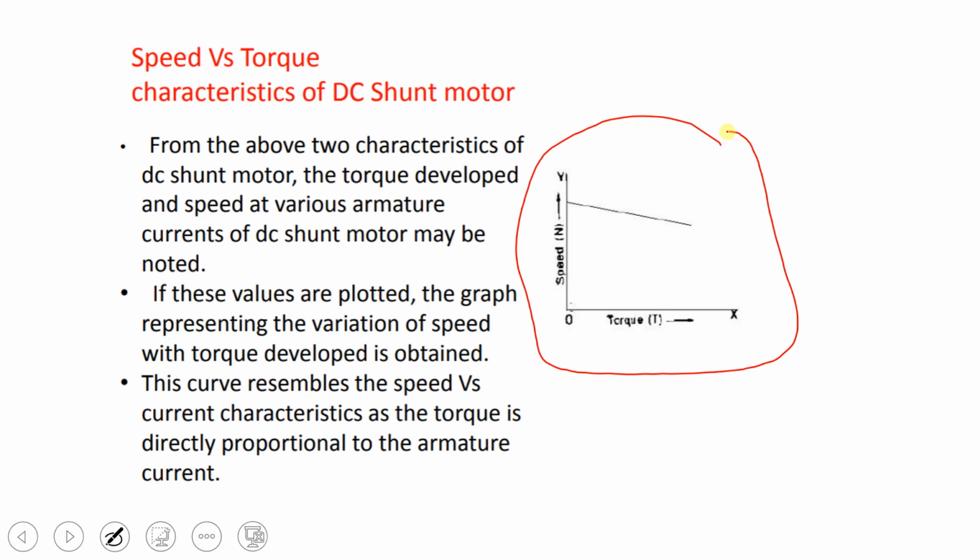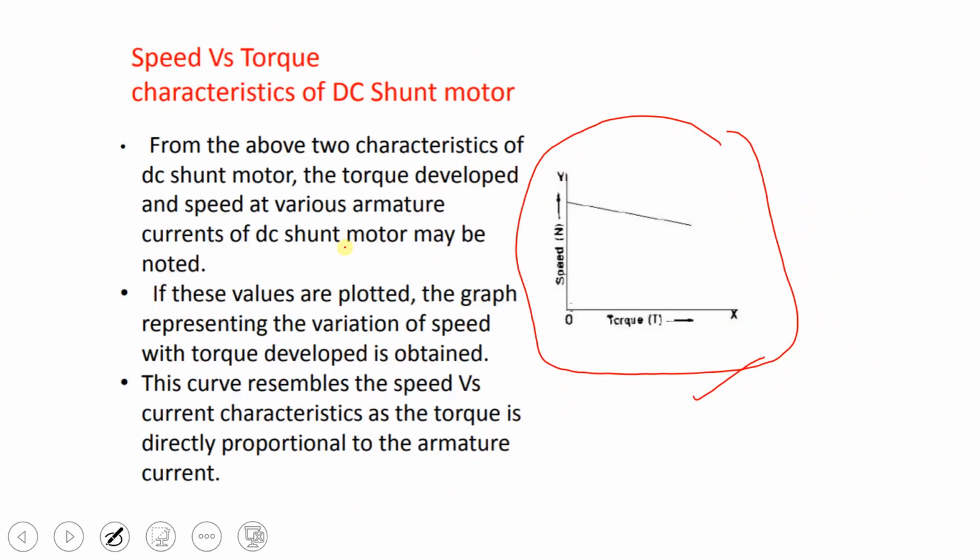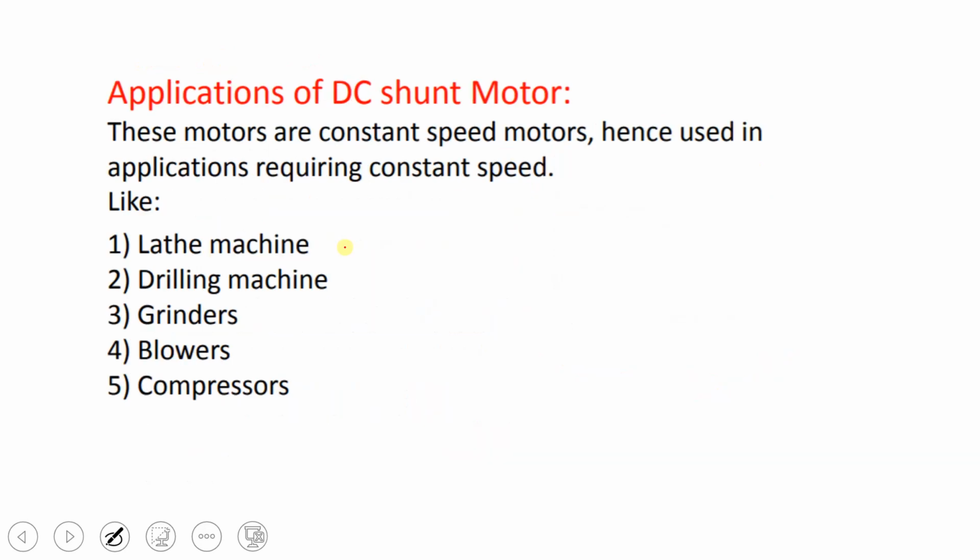This curve is similar to the previous graph, resembling the speed versus current characteristics, as the torque is directly proportional to the armature current.